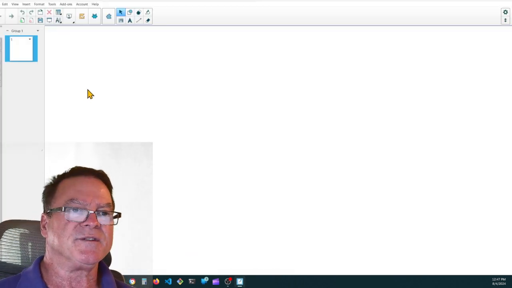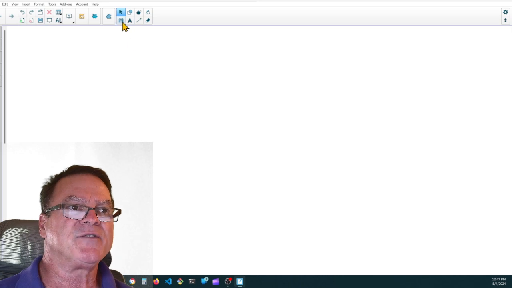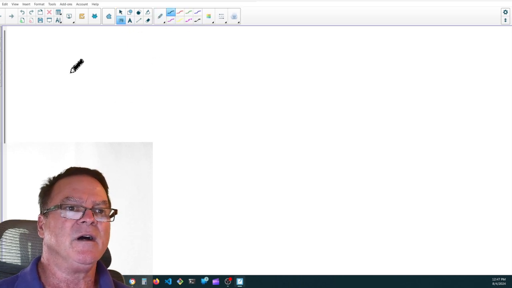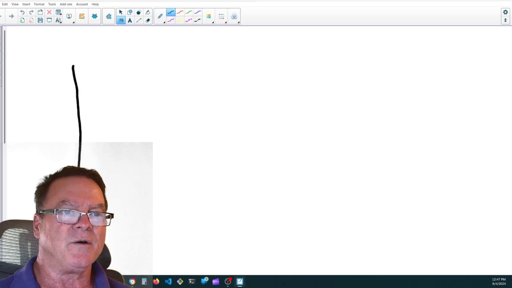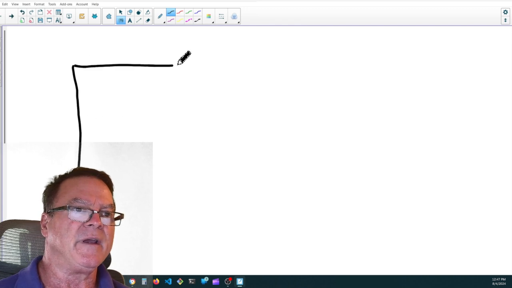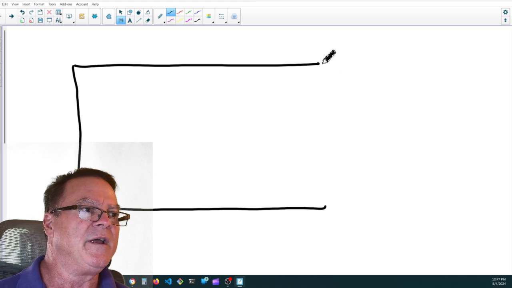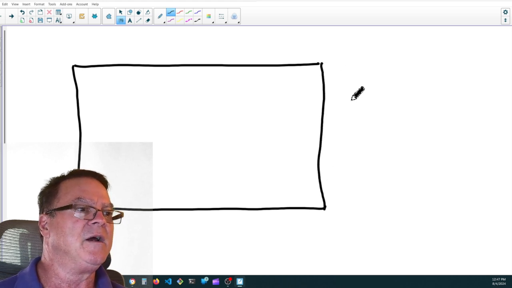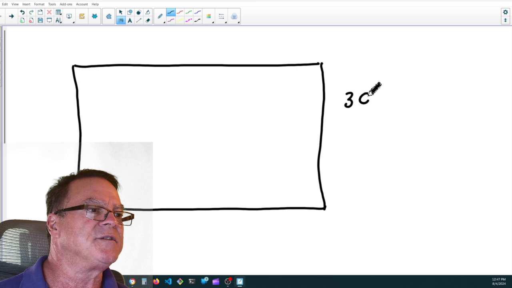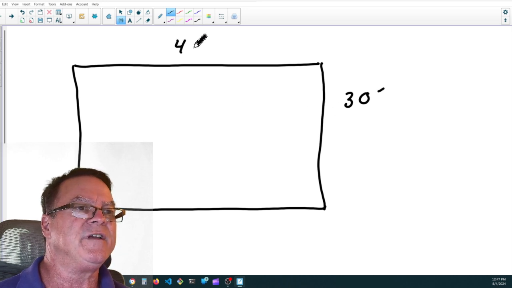Let's draw a residence. And this residence isn't going to be a work of art, so forgive me. But we're going to make this general. So here is my house. It's 30 feet by 40 feet.